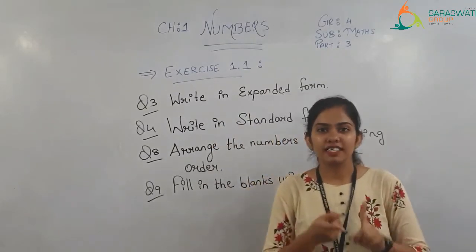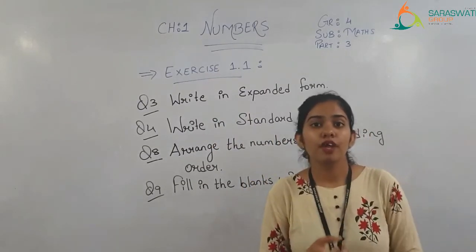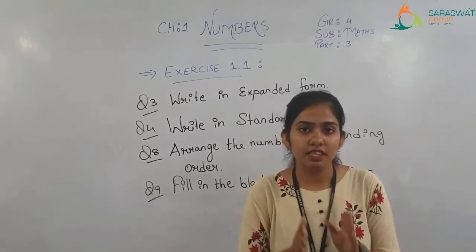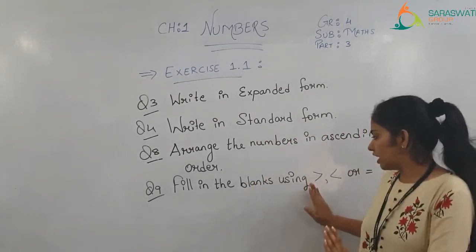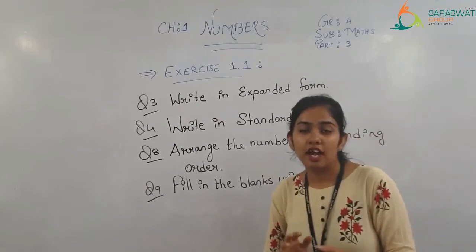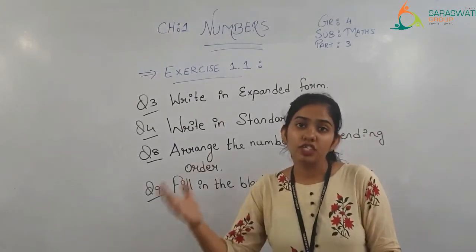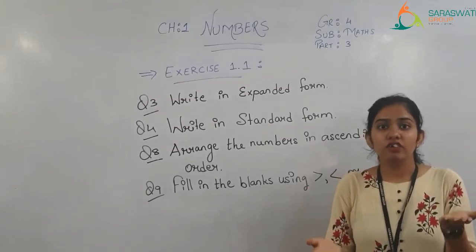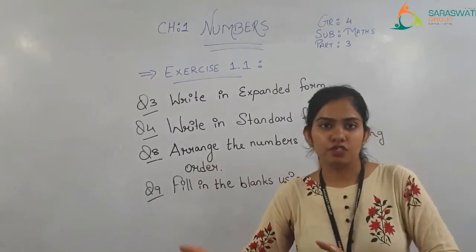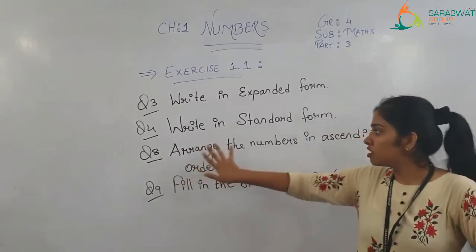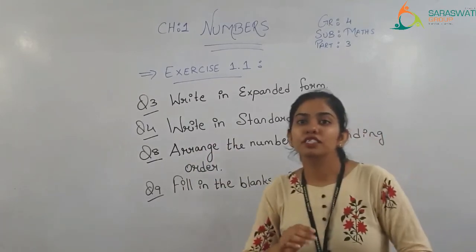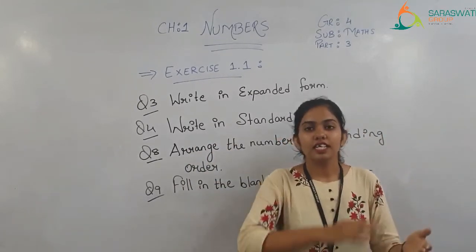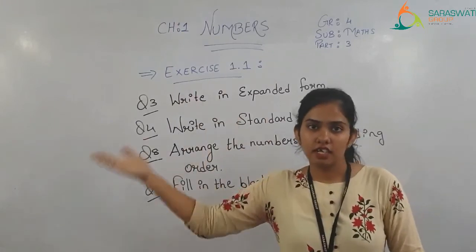We have learned expanded form, standard form and ordering of numbers. In that we have learned greater than, lower than, and how to find which value is greater and which value is lower. By comparing, we will come to know which value is greater and lower. And we have also learned to arrange the numbers in an ascending order, that is smaller to the greater number.